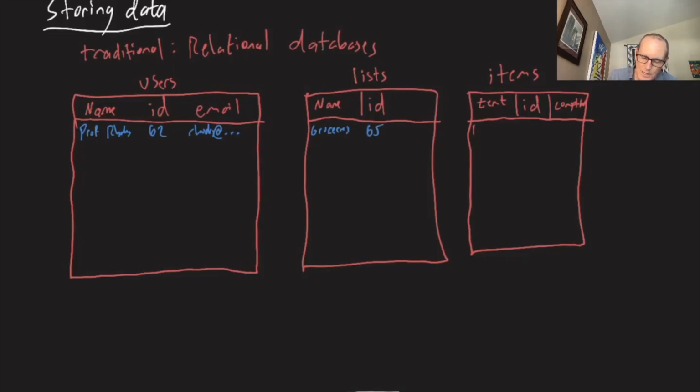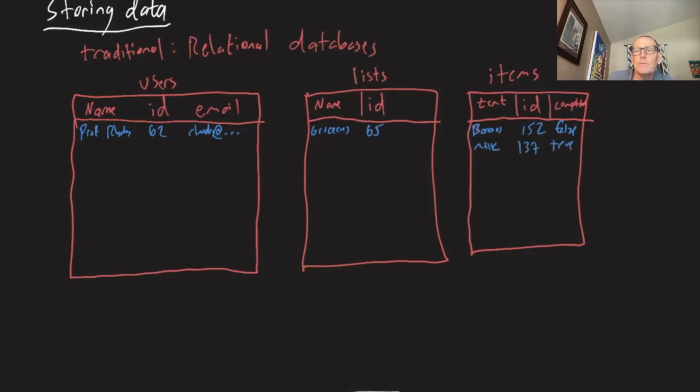We might have bananas, and this ID is 152. The idea with these IDs is that they're distinct within a particular table, but across tables, they can be duplicates. Completed is false. And then as well as bananas, let's say milk, which is 137, and that is true.